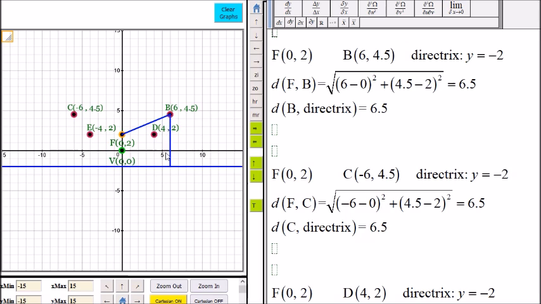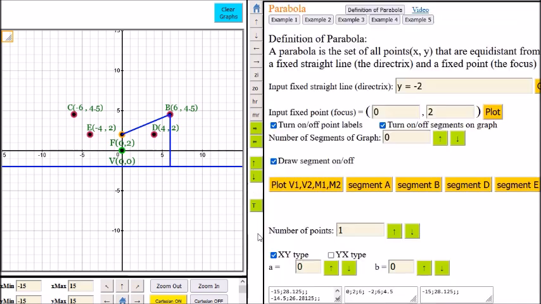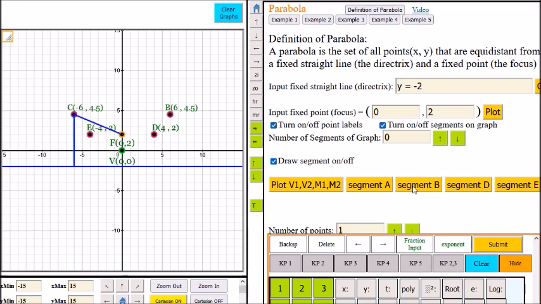So the distance from here to here would be 6.5. And so this distance and this segment are equal in length. And then the same thing for this segment. This is 6.5, and the length of this segment is also 6.5.